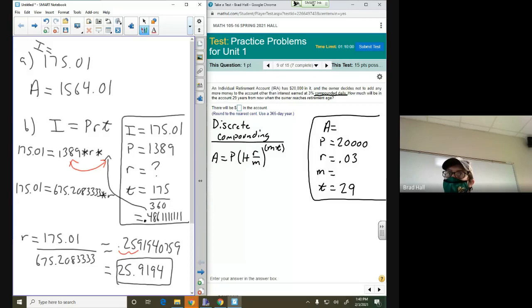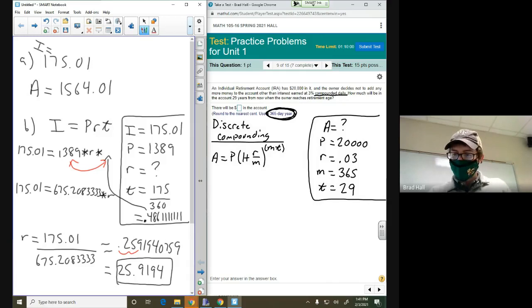We're going to be using 365 here. Again, it's this careful little detail right here. Notice they switched it up. It's kind of sneaky, but you know, it's MyMathLab, so. That tells us that we're compounding 365 times in a year for each day. And the future value is the unknown one.